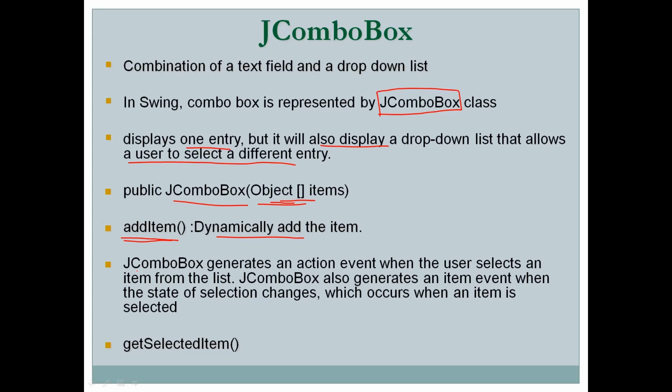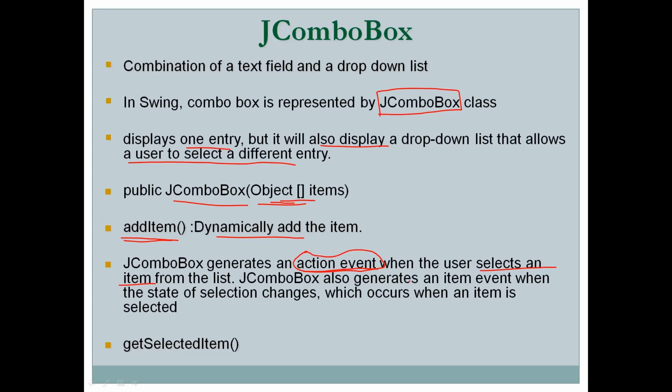Now the event: JComboBox generates an action event when the user selects an item from the list. So when a user selects an item, it generates an action event, like in case of a button, where an action event is also generated. Even in case of the combo box, whenever a user selects an item, an action event is generated.